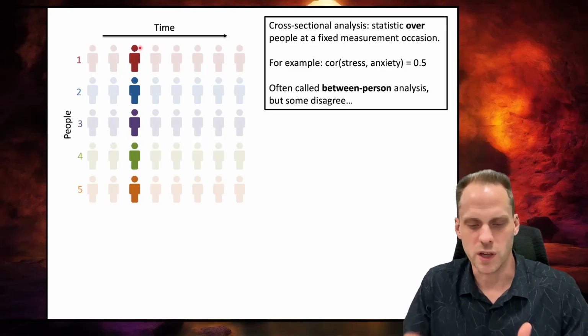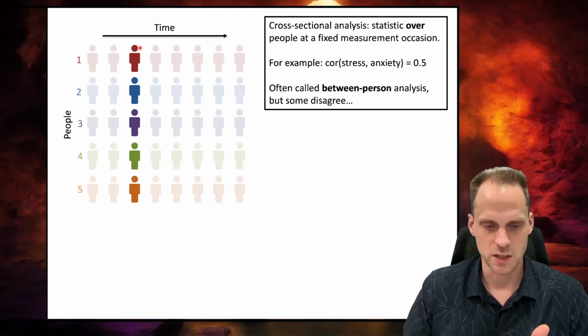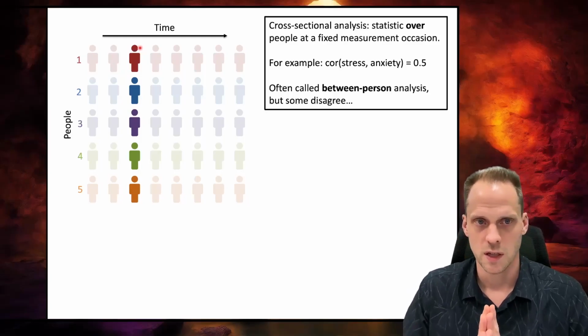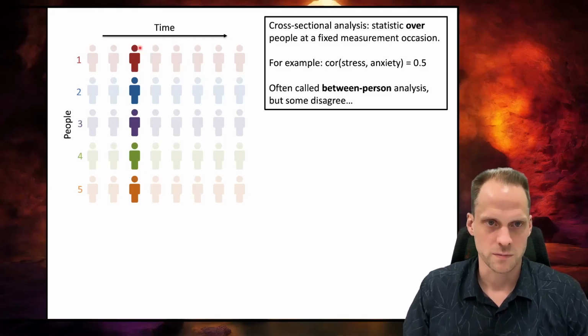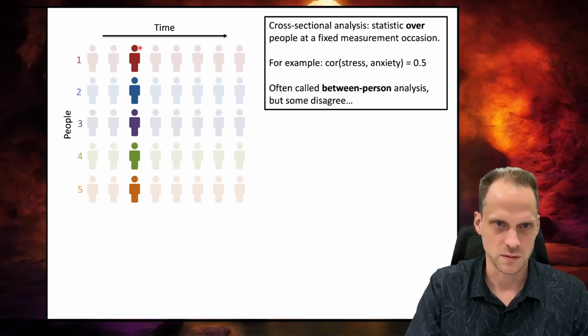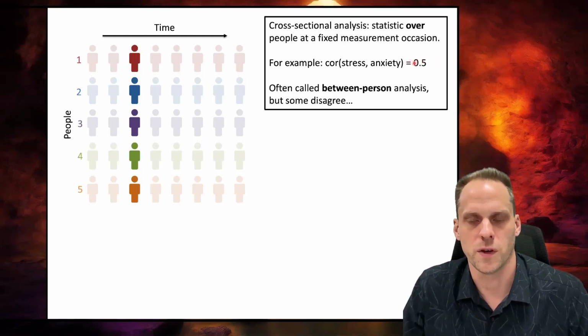So for example, we can compute a correlation or a mean or a variance or any statistic that you might encounter in a certain sample. And we can choose to do that over the population at a fixed measurement occasion. And that can be some value, like 0.5 or so.